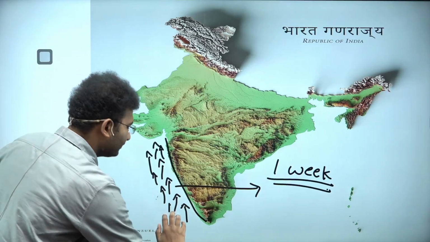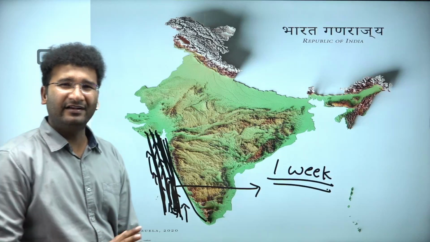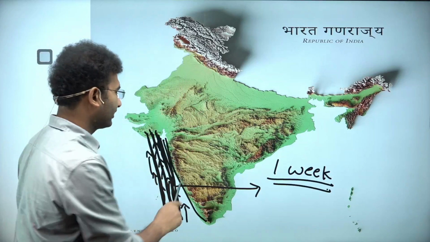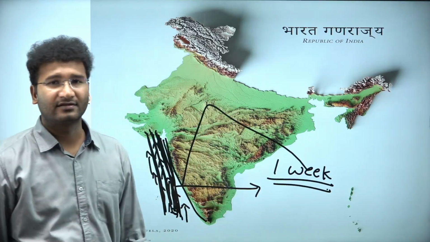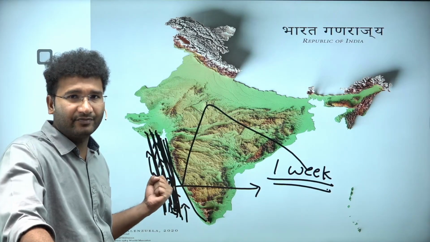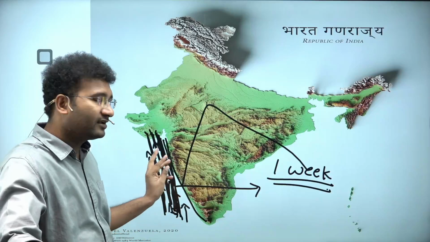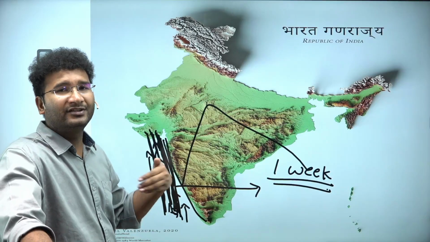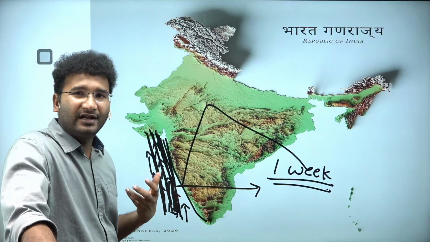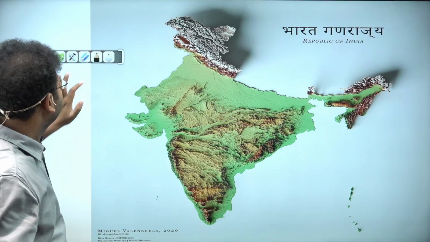Because these winds are moving parallel to the coastline, and they find it very difficult to climb the mountain. Also, when the wind strength is weak, the winds will take little time to climb. So this time period is for 1 week, and this 1 week time period is called the break in the monsoon.